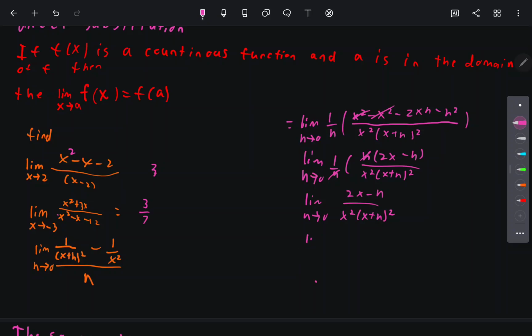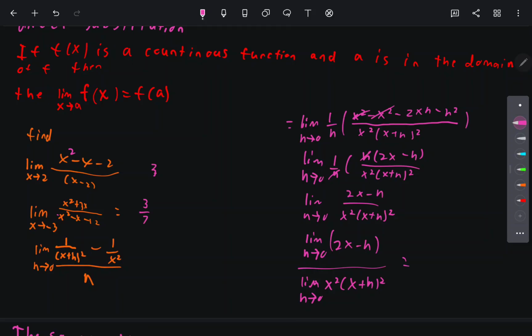So we are going to get the limit as h approaches 0 of 2x minus h divided by the limit as h approaches 0 of x squared times by x plus h squared. Alright. Well, let's look at this numerator first.